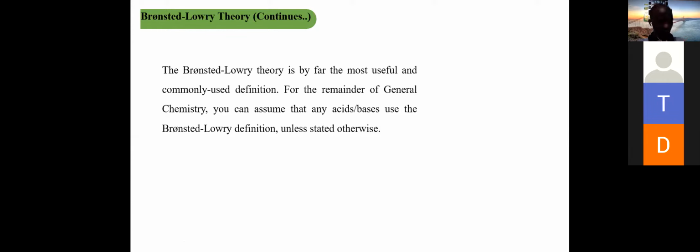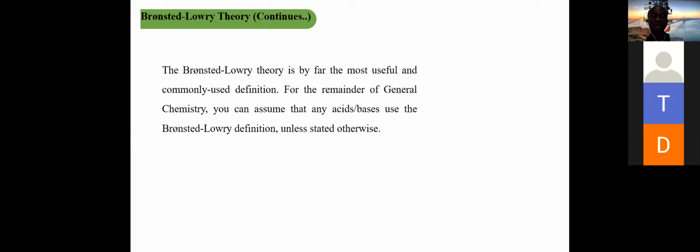This is very important because basically the acids that we have are acids that conform to the Lowry definition of acids and bases. The Arrhenius is not sufficient. The Lewis concept is even worse.